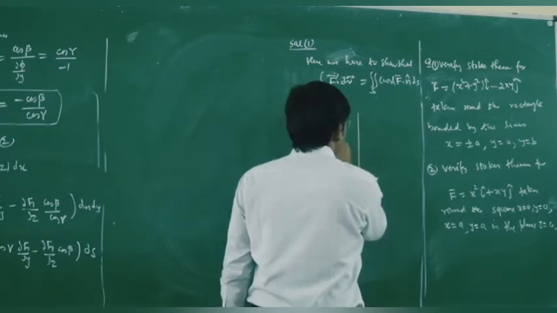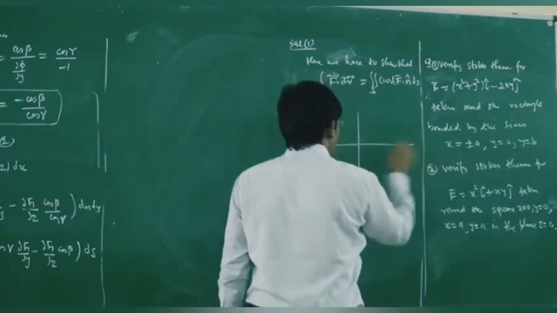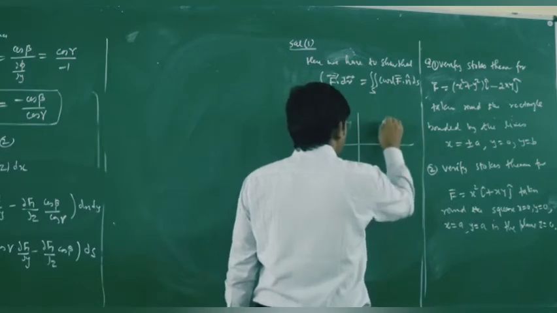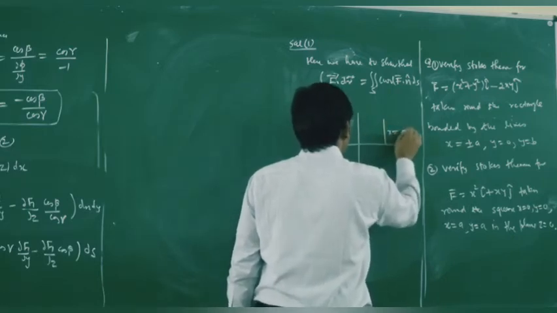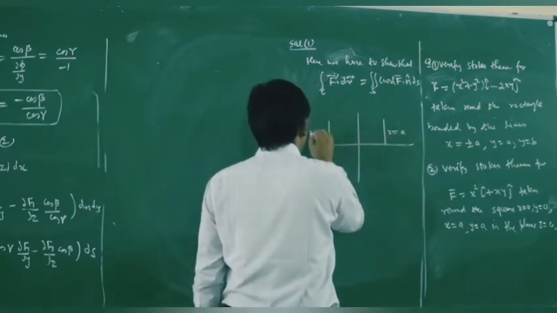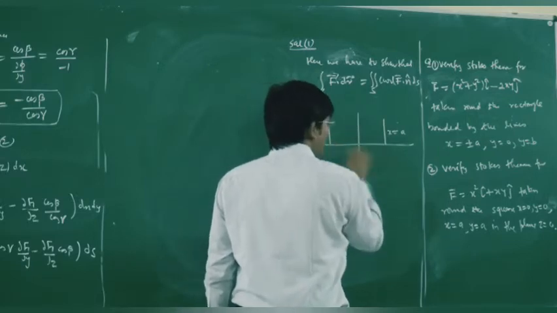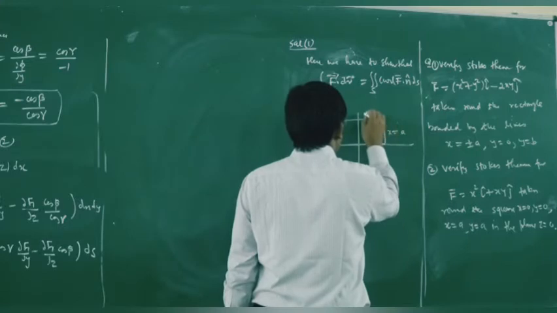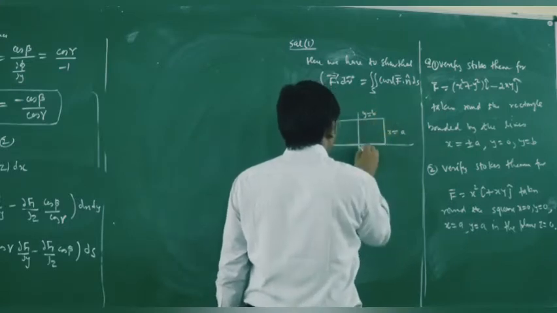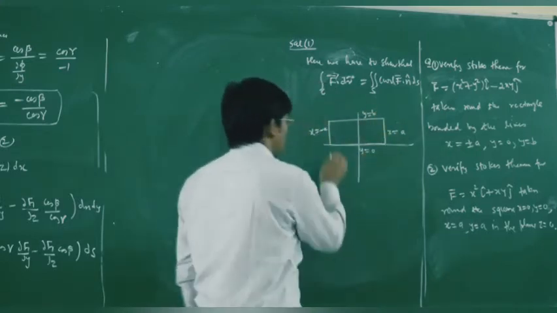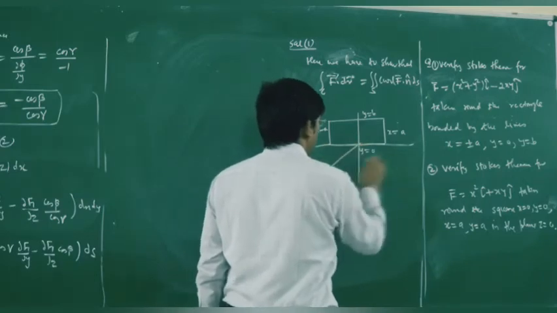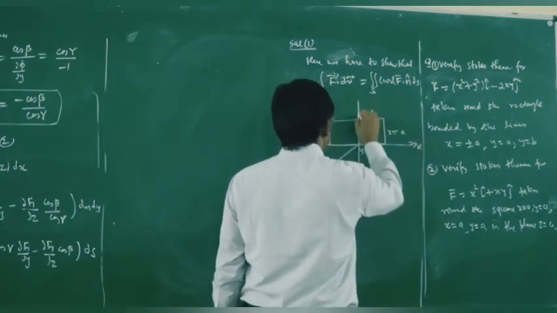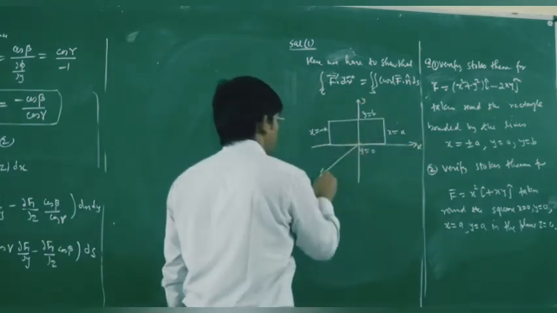evaluate the surface integral. Now here you have the lines x equal to plus a, so this will be your x equal to plus a line. Then we have x equal to minus a. Then we have the line y equal to 0, and then the line y equal to b. So this is your x-axis, this is your y axis and this is your z axis.